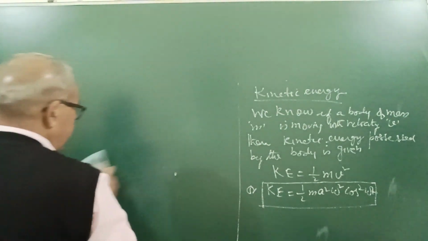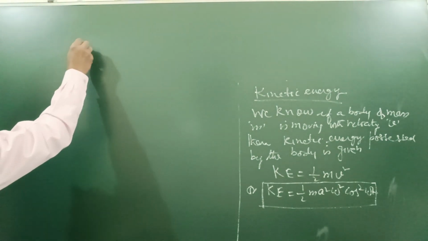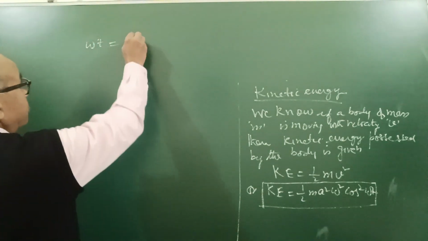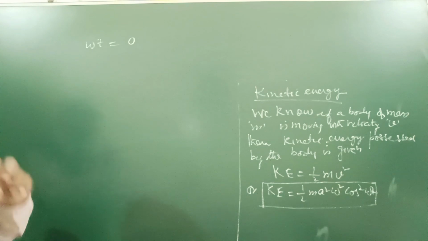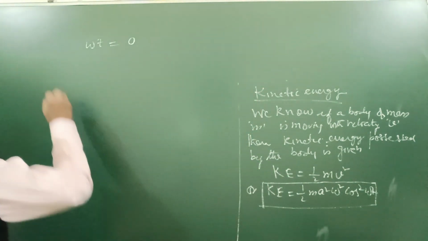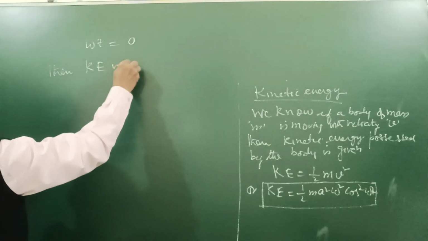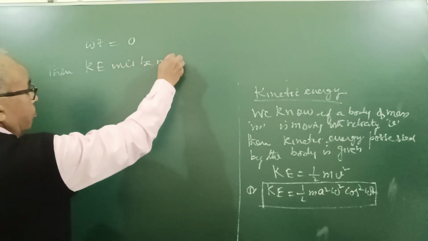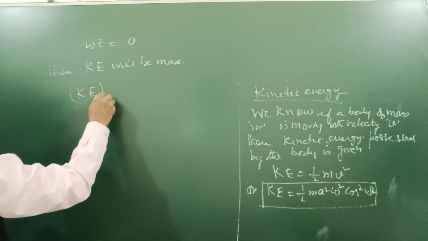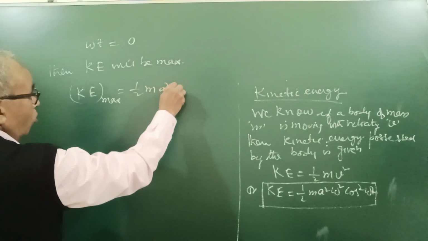Now as omega t keeps on varying, when omega t is equal to 0, that is displacement 0, cos 0 is 1, then kinetic energy will be maximum, that is KE maximum equal to half m a square omega square.